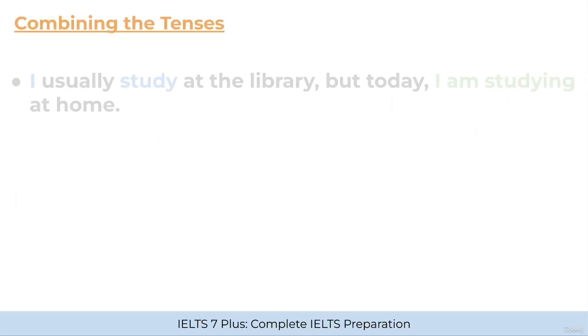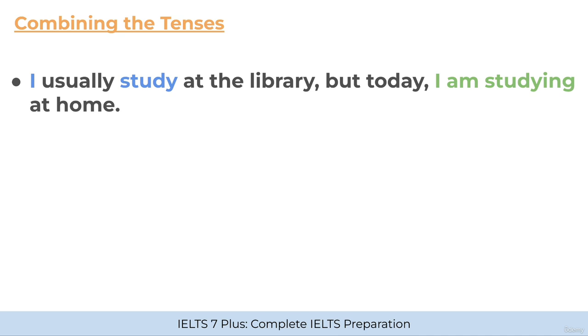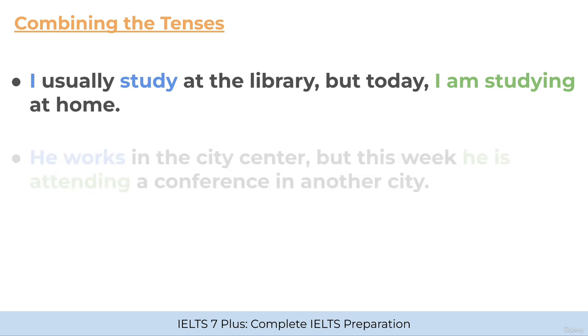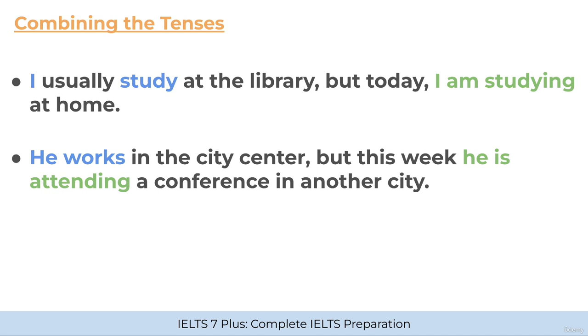Okay, brilliant. Well, we can use a combination of the tenses as well. You could say something like, I usually study at the library, but today I am studying at home. So the blue is showing the present simple, the green is showing the present continuous. He works in the city centre, but this week he is attending a conference in another city.